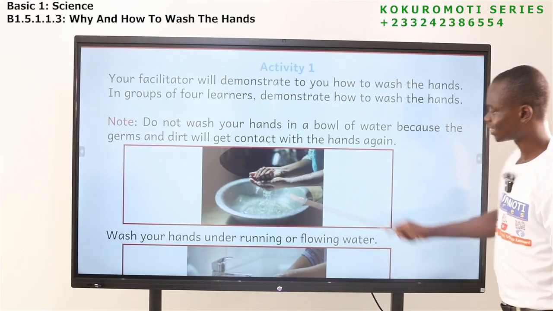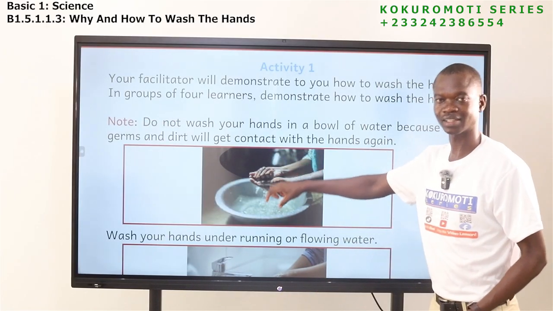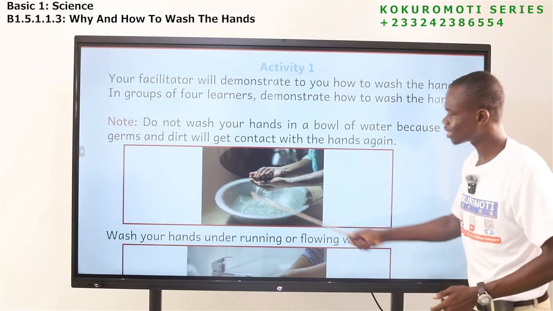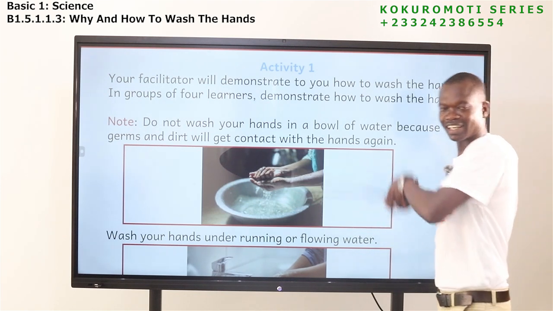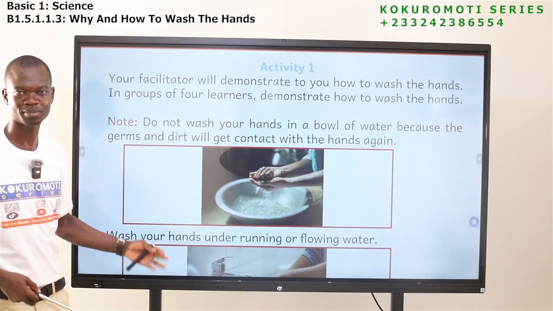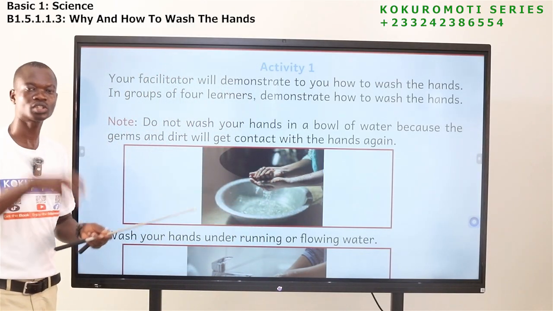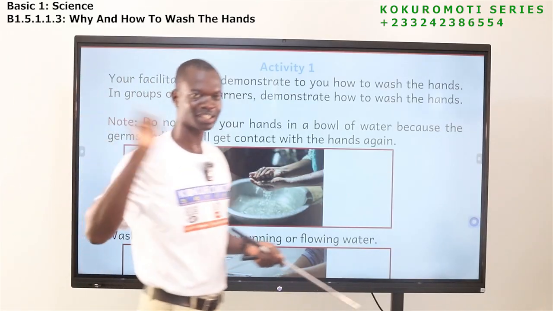So if the water is there and a different person also comes to wash his or her hands in the bowl, you see the germs that are already inside will what? Will affect the next person. The dirt will also affect the next person. That is why we don't need to wash our hands in a bowl. Please don't wash your hands in a bowl or any container again.